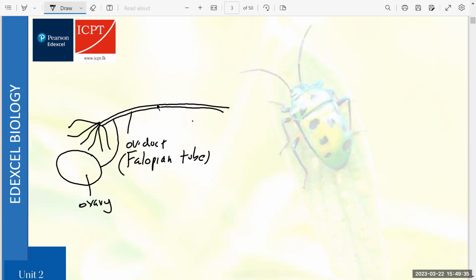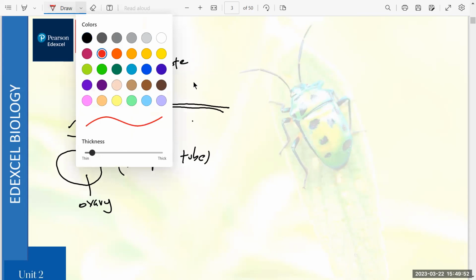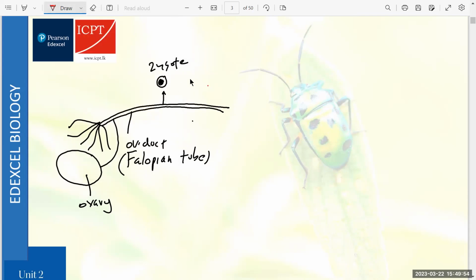Right now, we can find the zygote after its fertilization somewhere here. Now, the zygote is further moving because of the ciliary action of the oviduct or fallopian tube and muscular contraction of the oviduct. The zygote is moving in this direction.